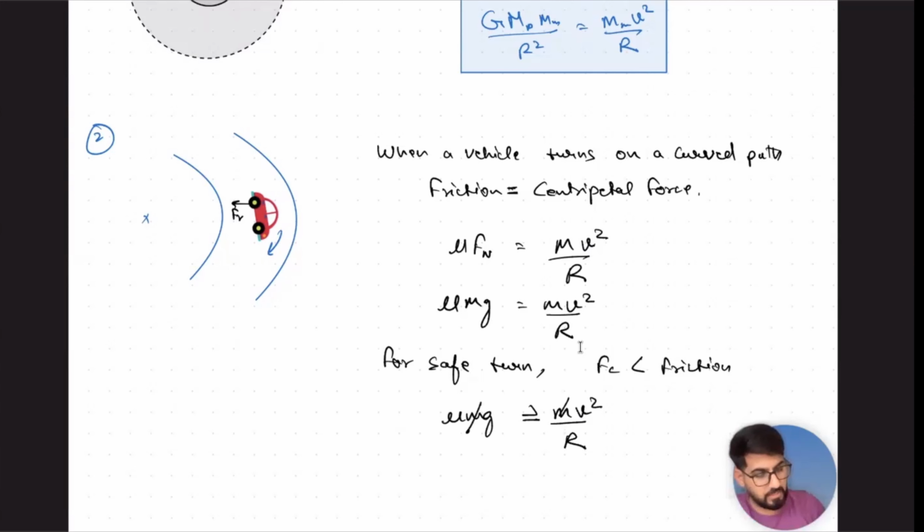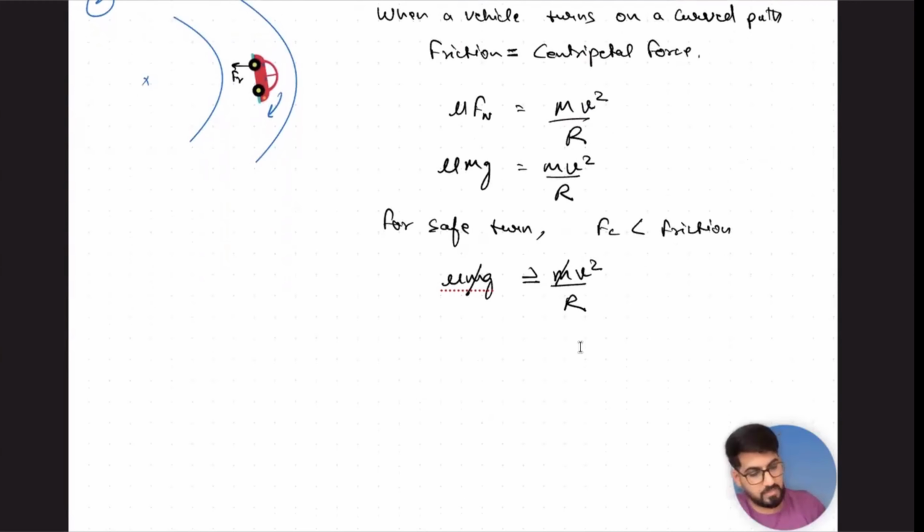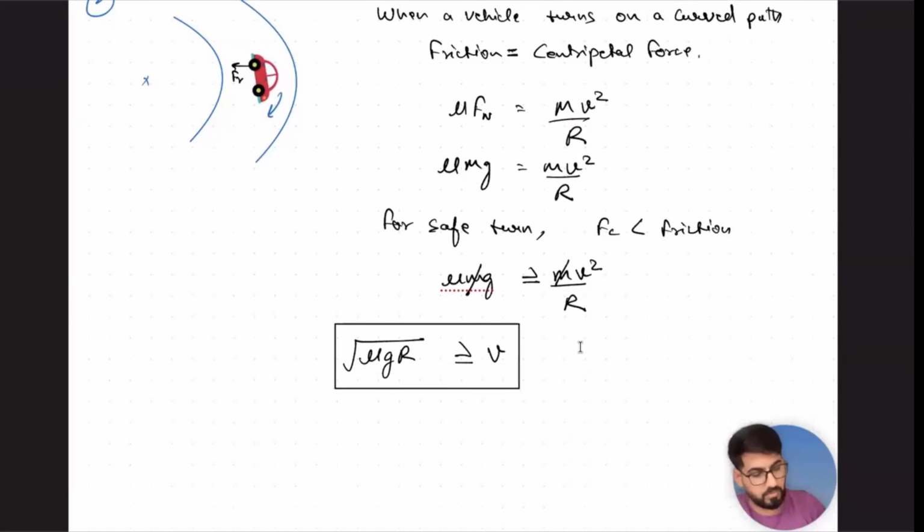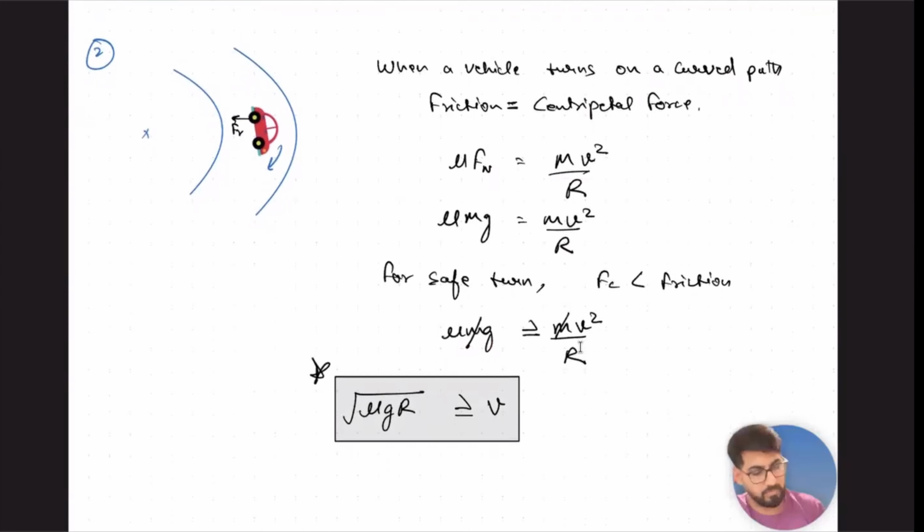This m and this m get cancelled. So we get that a safe velocity should be either less than or equal to the square root of nu g r. This is a very important concept. Please make a note of this, guys. I have seen many questions directly asking from this.